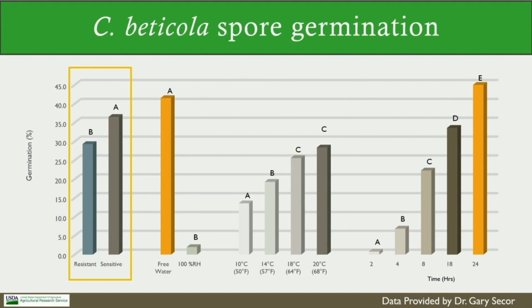A potential explanation for that is what you see here on the left side of the screen, where Dr. Secor and his technician Viviana tested the germination rate at different temperatures for resistant and sensitive isolates. So what you see is that Cercospora isolates that are sensitive to strobilurins have a higher germination rate at lower temperatures.